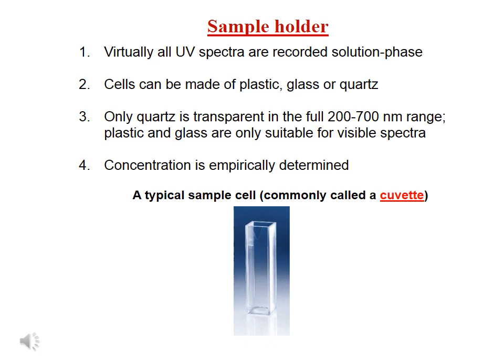If we are using a quartz cuvette, then it is transparent and the range it covers is 200 to 700 nanometer. It means it covers almost both UV and visible regions. But if we are using a plastic or glass cuvette, it is only suitable for visible spectra.